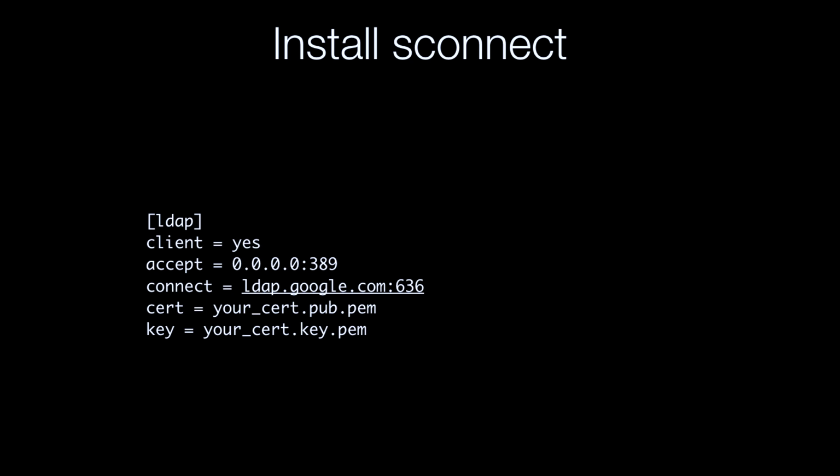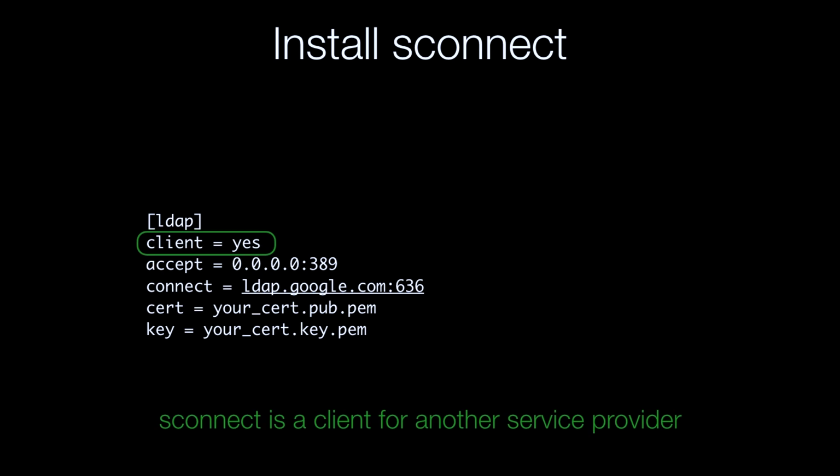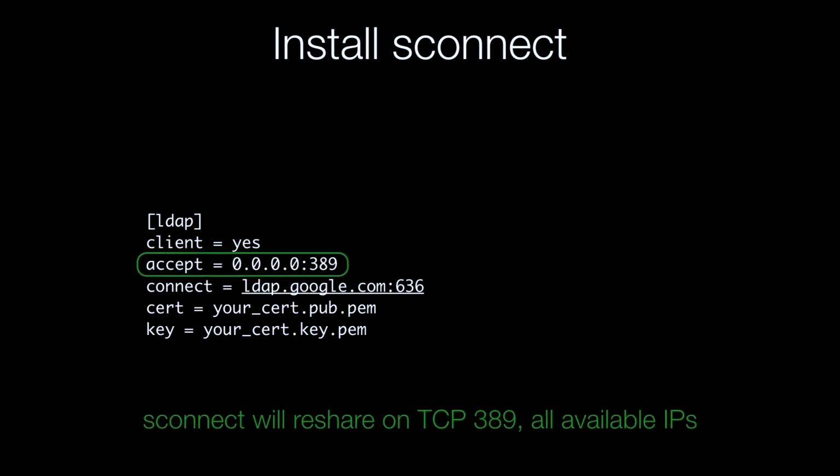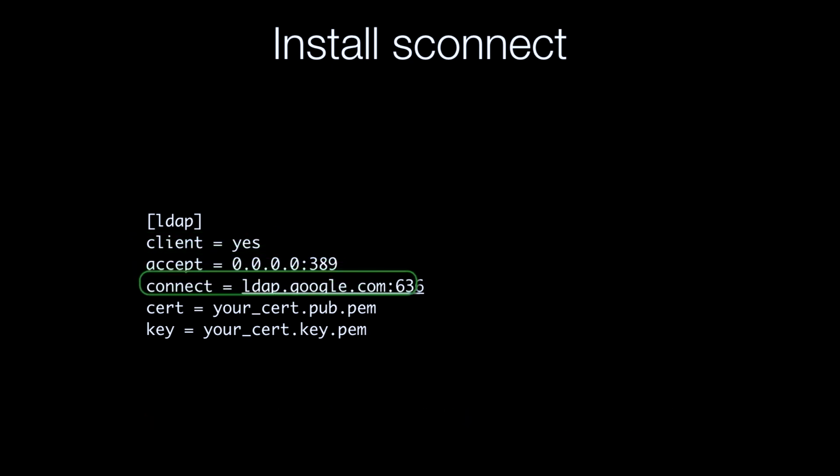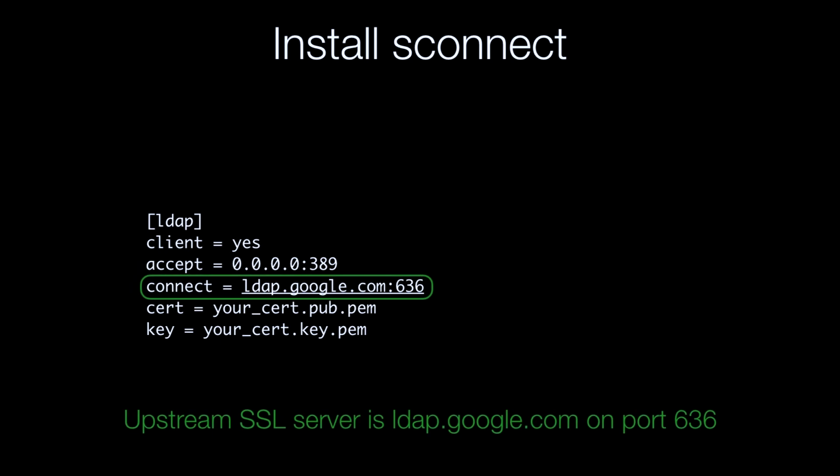So basically, this part is a middleware that you will have on any kind of TLS connection, where you set up the upstream server. Here, it will act as a client on this upstream server and redistribute it on any local address over port 389. The upstream server will be ldap.google.com on port 636, so that's the TLS version of it.